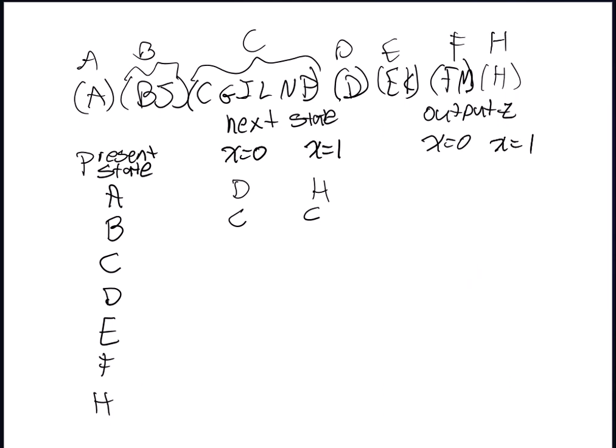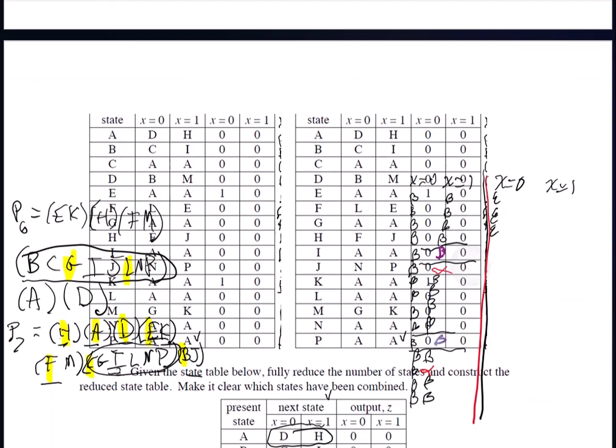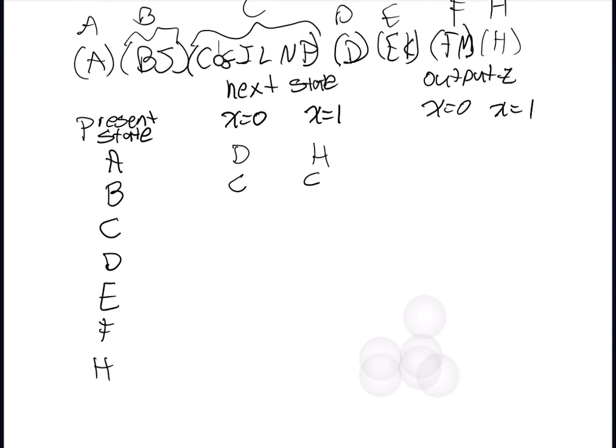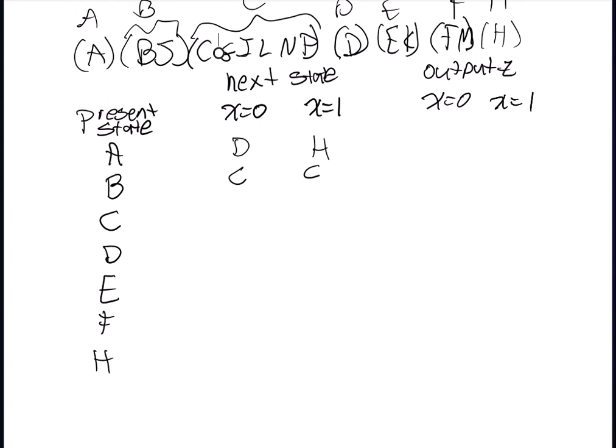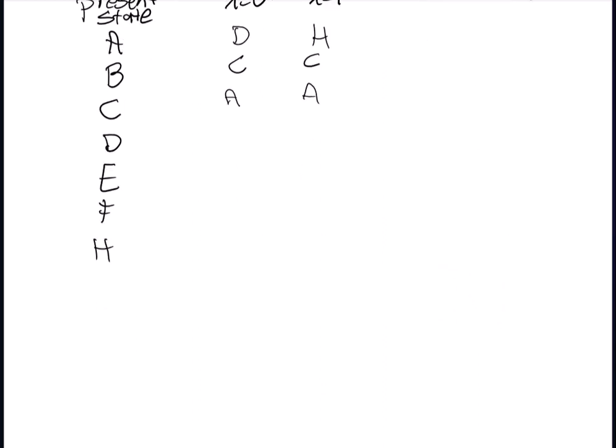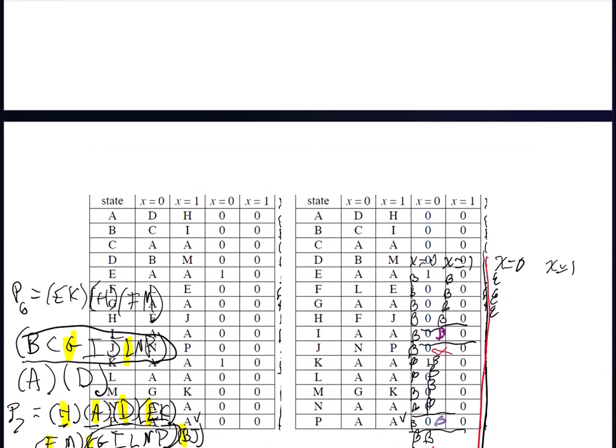And then for C, our state table had AA, but we can just use that. And then for D, we had BM.